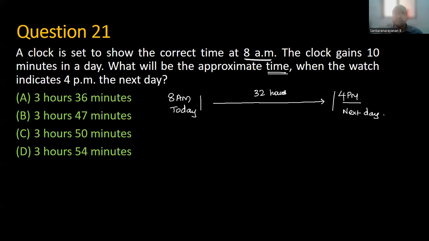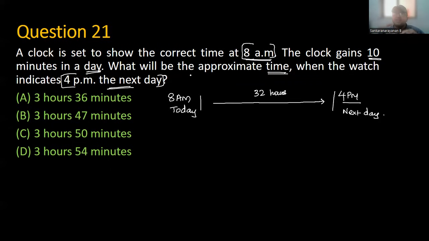Got my point? Because the clock is set to show the correct time at 8 a.m. and the clock is indicating 4 p.m. the next day, with reference to the clock I can see that 32 hours has happened. But please note, the clock gains 10 minutes in a day. So 32 hours over as far as the clock is concerned means in reality 32 hours would not have got over.